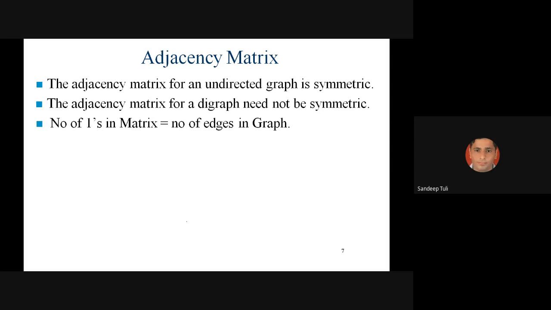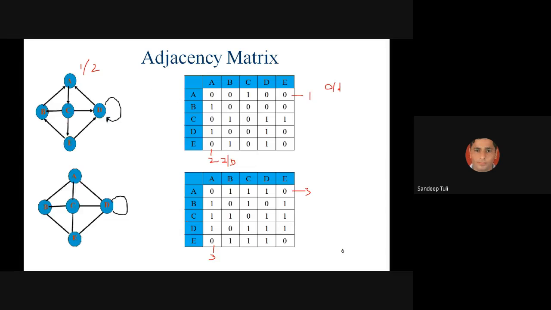Now, the number of ones in the matrix is the number of edges in the graph. Again, find out the total number of ones. It will be the total number of edges in the graph. In directed case, I am talking about. Is it so? But in the case of undirected, what will it be?